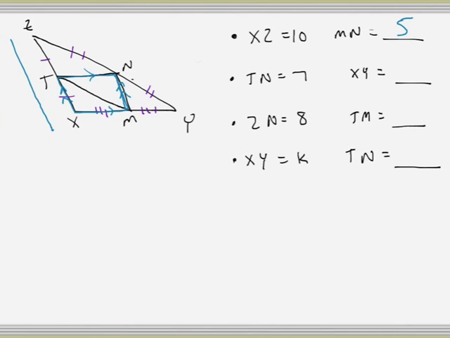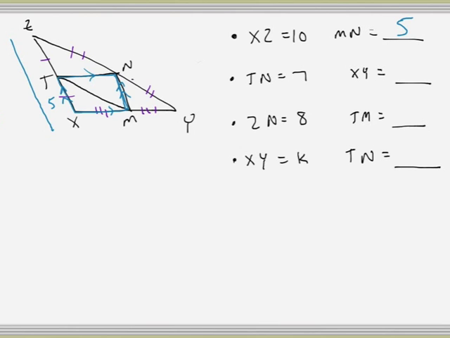And what do we know about opposite sides of parallelograms? They're parallel and they're congruent. So if the whole of XZ is 10 and I have a midpoint, then this part would have to be 5. And opposite of that would then have to be 5 as well. So that's why these theorems are included in this chapter, even though they're about triangles and not parallelograms, in there we can actually find a connection to parallelograms as well.